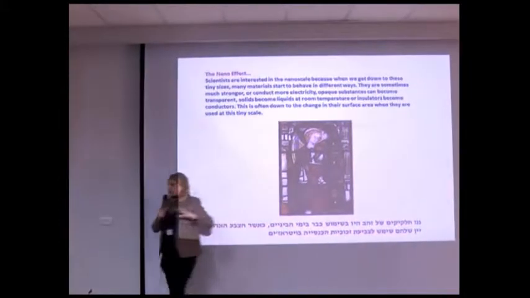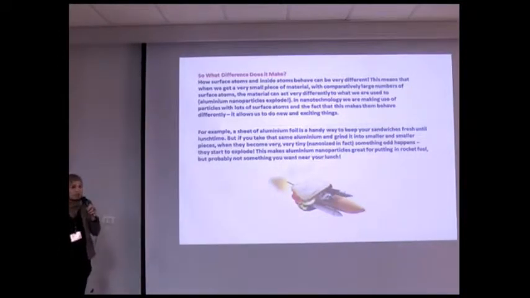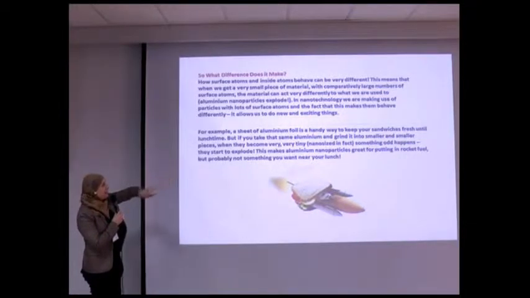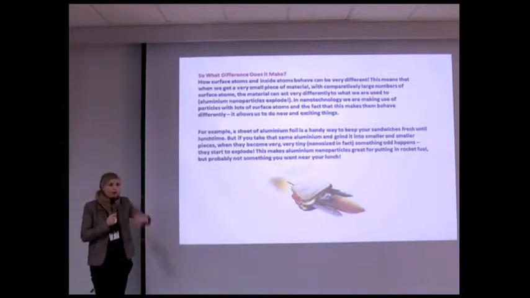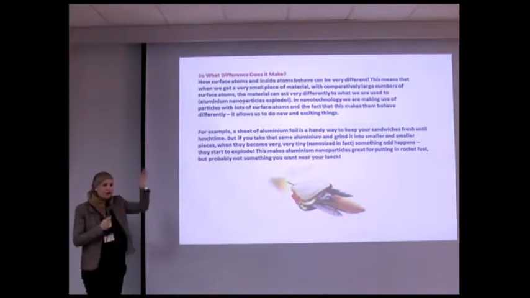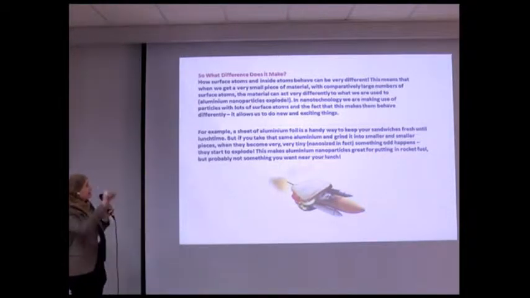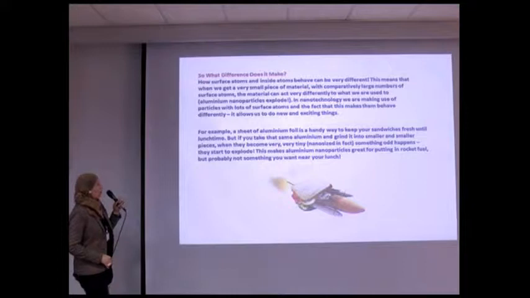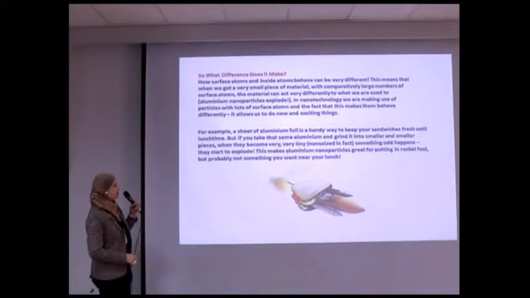Okay? And I want to talk about another interesting example: a sheet of aluminum foil is a handy way to keep your sandwiches. We use it at home, in the kitchen, and inside the oven. But if you take that same aluminum sheet and grind it into smaller and smaller pieces, when they become very, very tiny in the nano size scale, something odd happens.